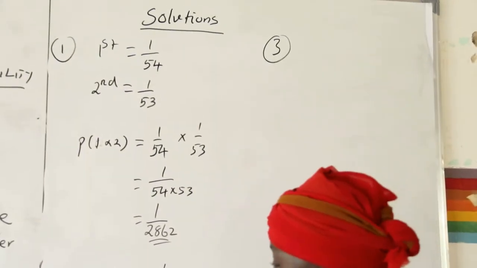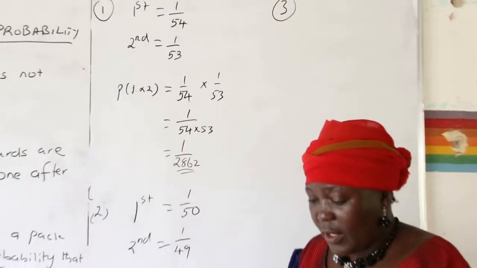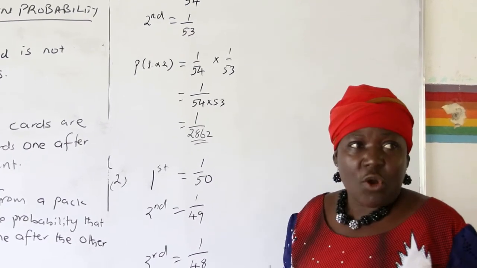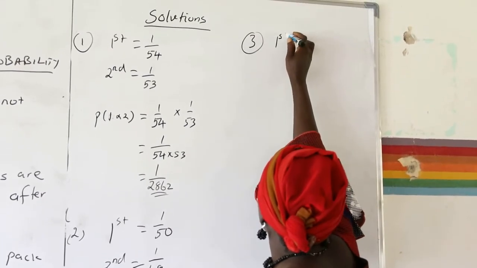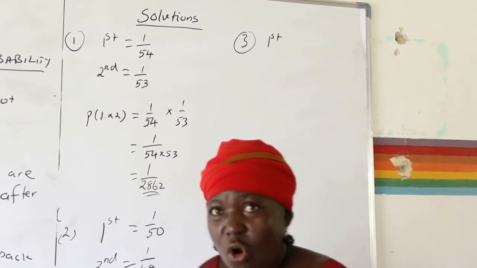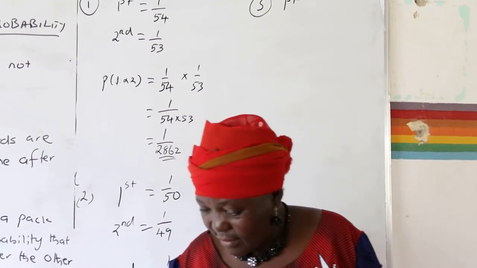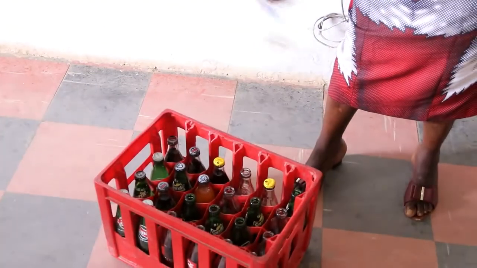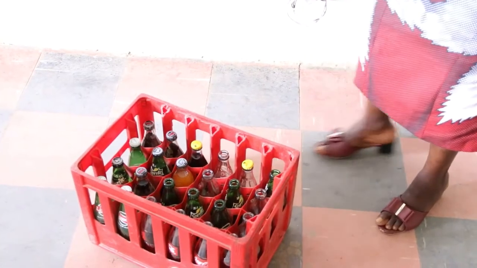Since they have specified the type, Coke, the first picking is Coke. You have to look at your crate of minerals. How many Coke do you have? So here I have 1, 2, 3. 3 of them are Coke.